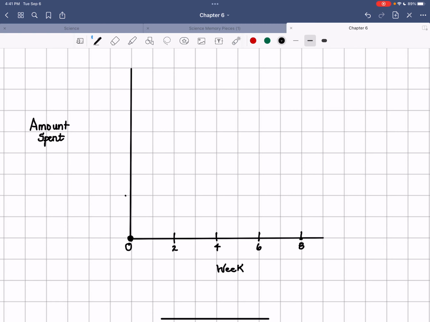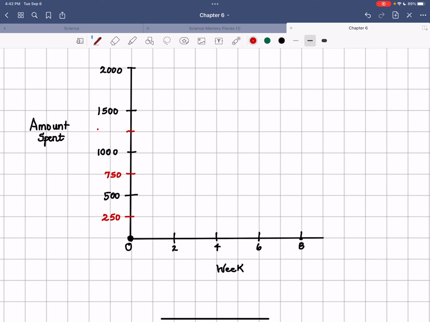Then on this scale, we have $500. We have $1,000. We have $1,500. And then we have $2,000. So this spending is scaled in $500 increments. So that means that one line is $250. This line would be $750.